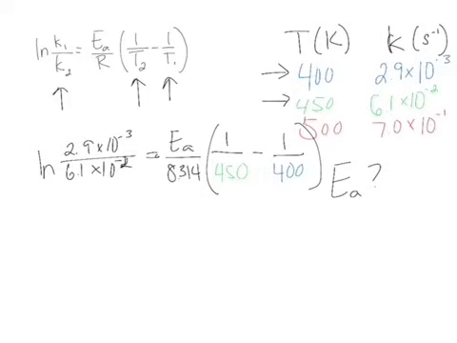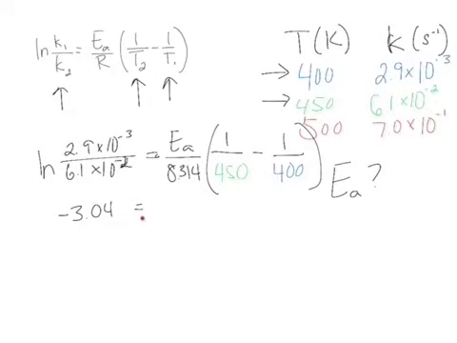Then if we just solve for the activation energy, we can calculate the natural log of 2.9 times 10 to the minus 3 divided by 6.1 times 10 to the minus 2, which gives me negative 3.04. And that will be equal to all of this, of course.